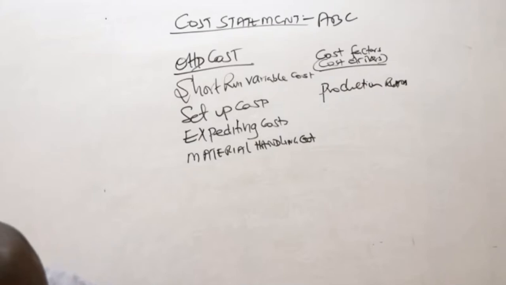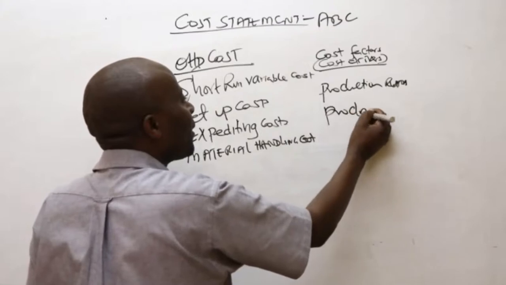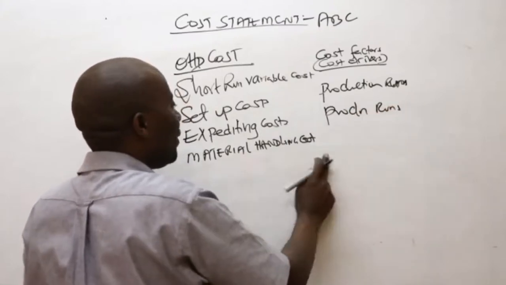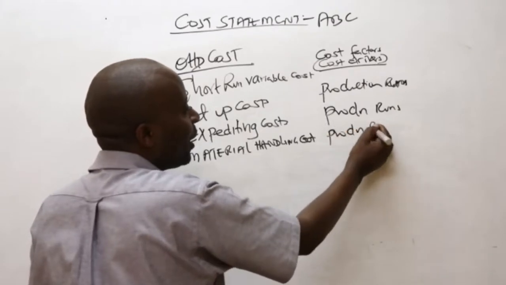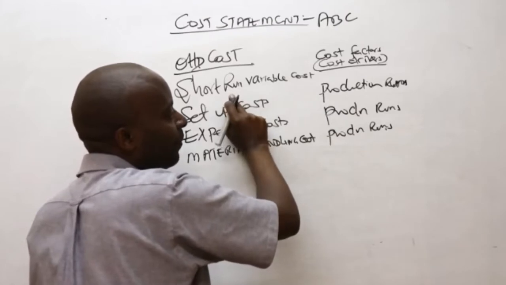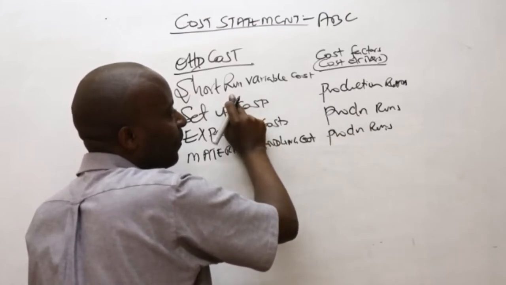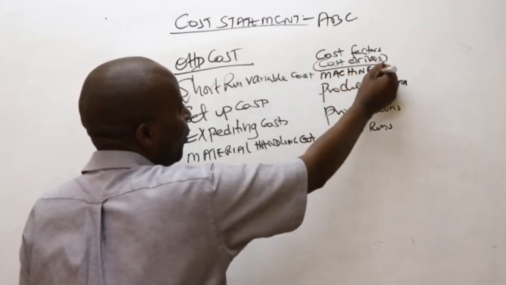It's the cost driver for setup costs, expediting and scheduling costs, and material handling costs. And the machine hours are the cost driver for short-run variable costs. Very good. Thank you very much.